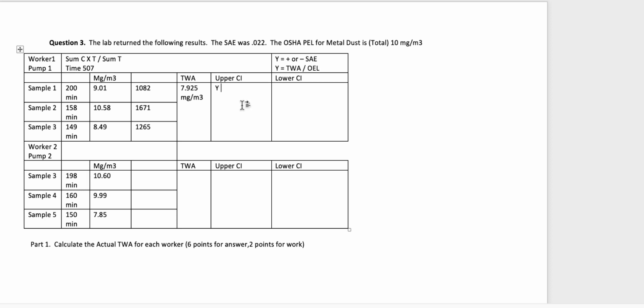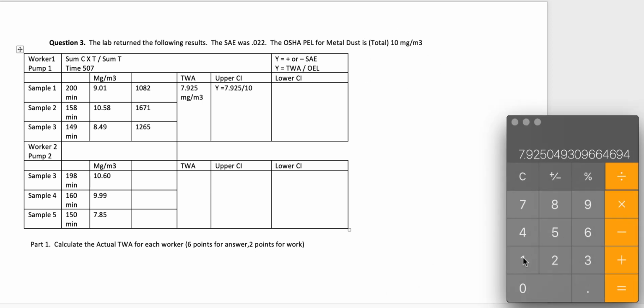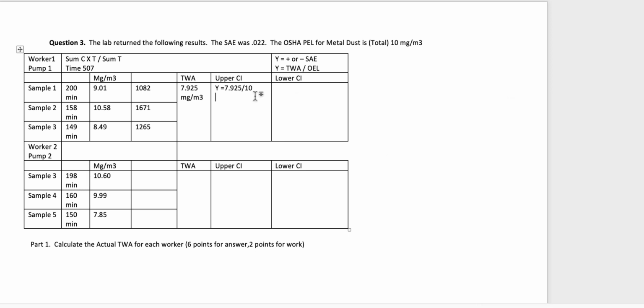So here my y is going to equal the time-weighted average divided by the OEL. The OEL is up here. So my severity, or my y, is 0.79. So you can think this exposure is almost 80% of the occupational exposure limit. It's pretty far beneath, but let's still run the numbers anyways.